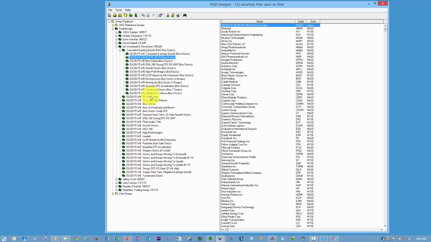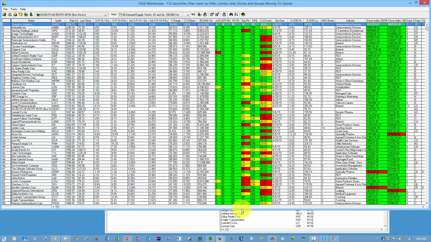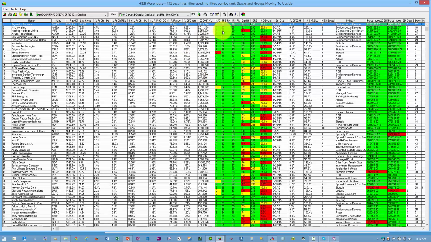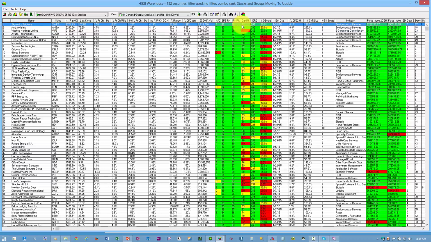I thought segregating them would be a good way to do this, because we could quickly see what stocks are doing best based upon this criteria. So here are 85 box stocks, and if I go into this view, you can see that the EPS rank and the relative strength rank is at least 85, and if you look over here at this column, you'll see that these are all box stocks.